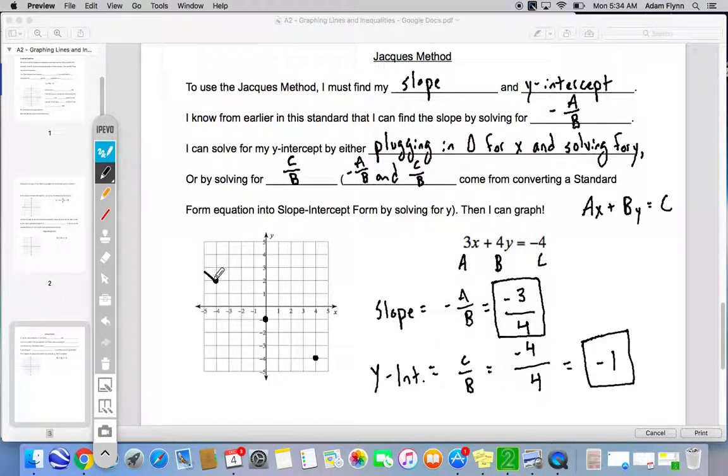Now from this point, I can draw a nice straight line. And I see that I have the exact same line as I did using the slope-intercept form method as I do the Jakes method. So it's all a matter of preference.